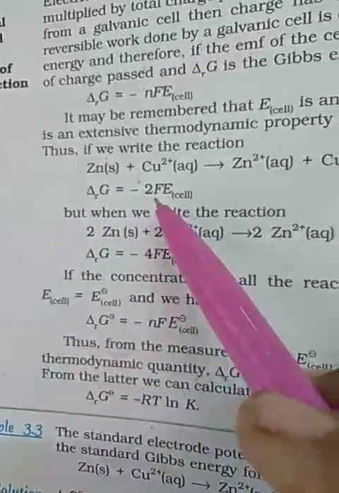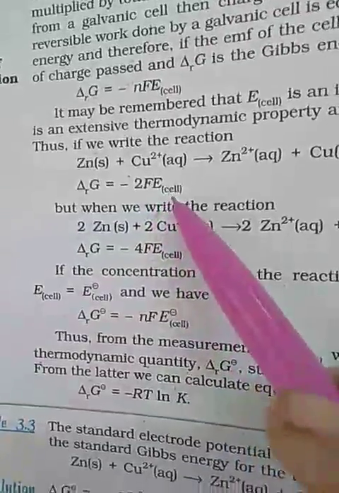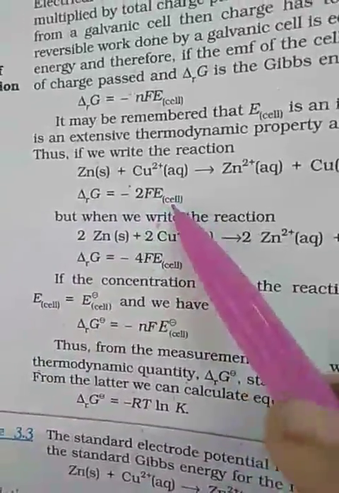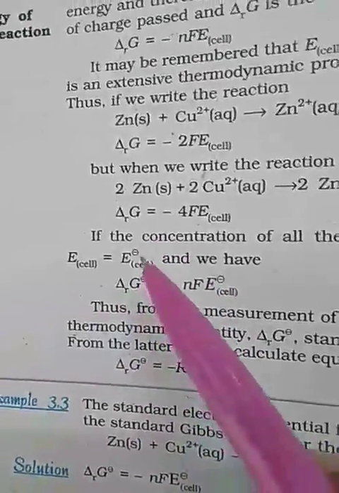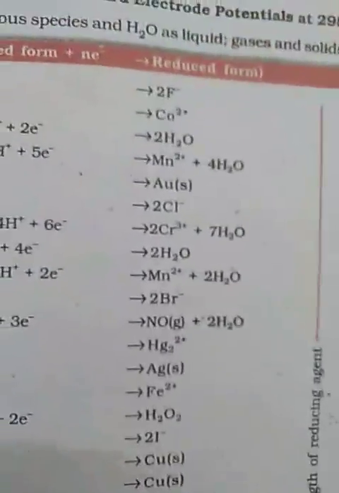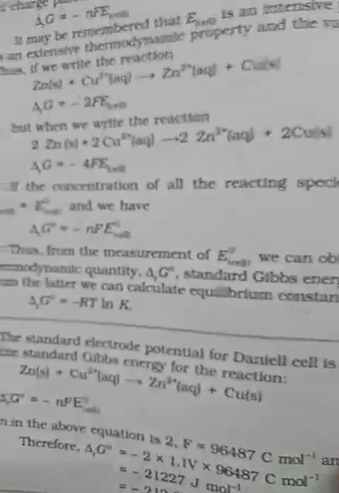Gibbs free energy is equal to minus 2 F E cell. So instead of E cell we can write E0 cell, and from there the table is given, otherwise in the numerical it will be given in volts.